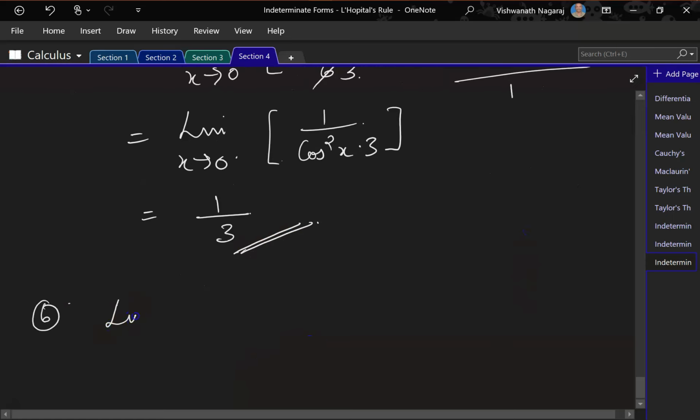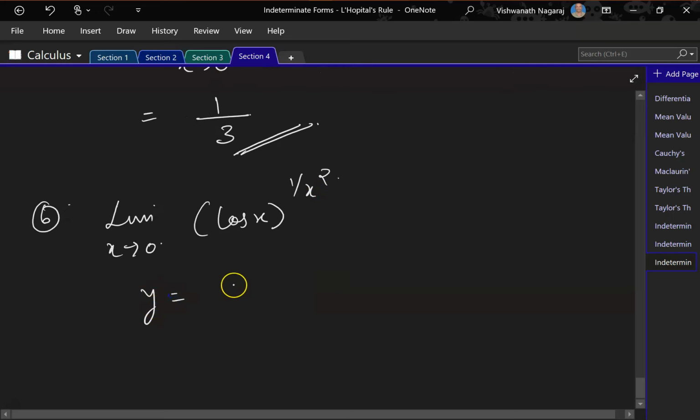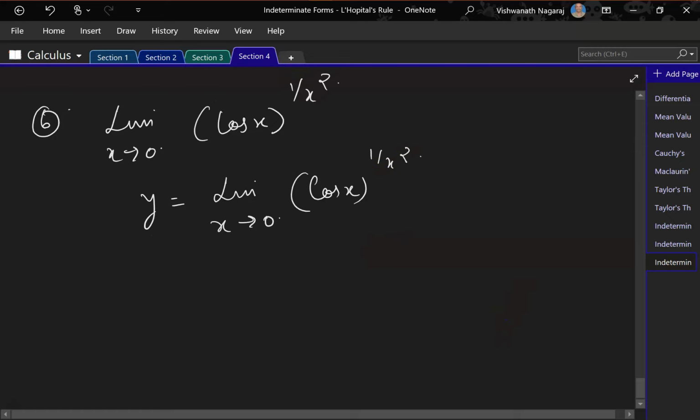Okay, finally, limit as x approaches 0 of cos x to the power of 1 by x square. Let's say y is this limit: y equals limit as x approaches 0 of cos x to the power of 1 by x square. Now we want to bring down the exponent. So log y is equal to limit as x approaches 0 of 1 by x square log cos x.